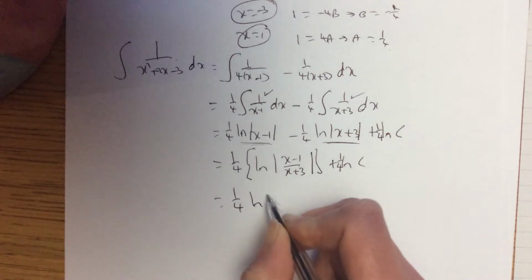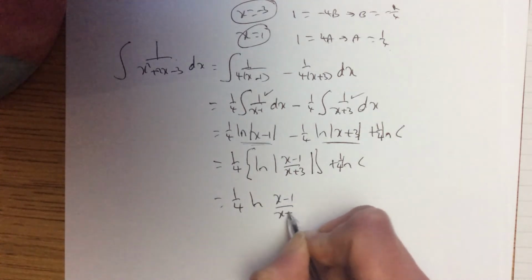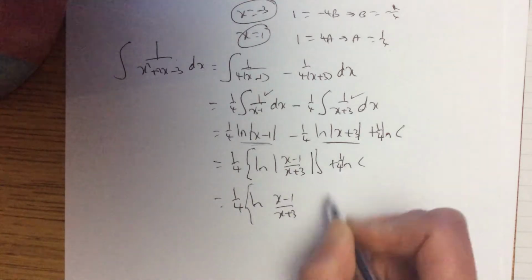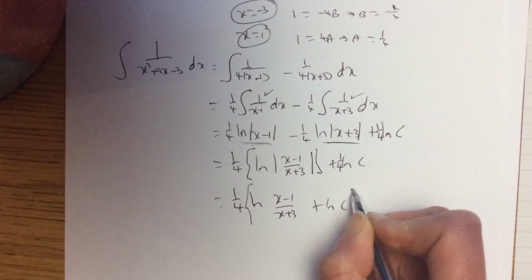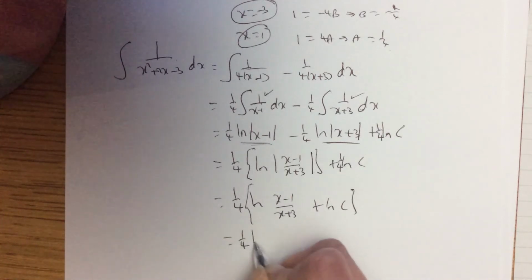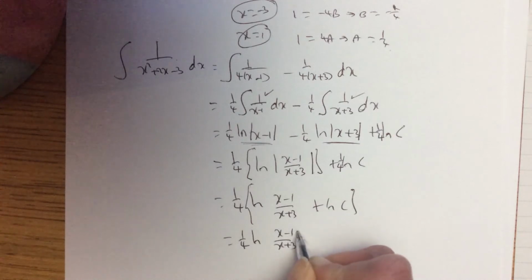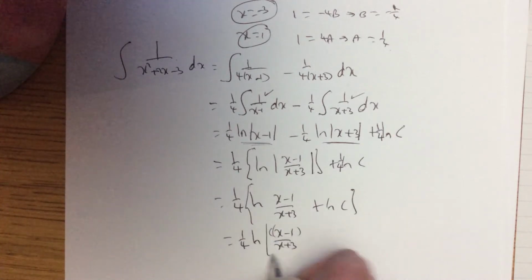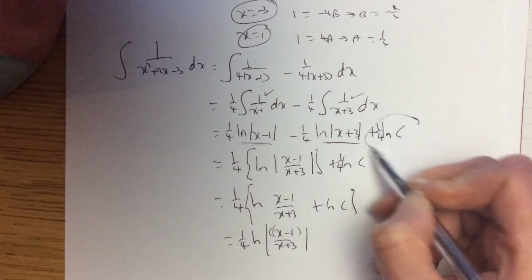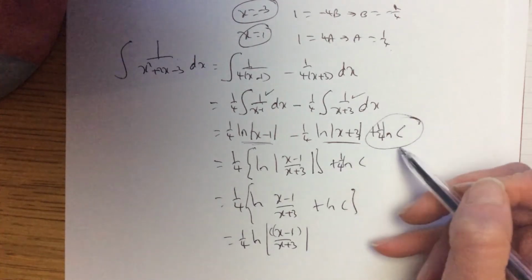Because then it means I have a quarter log of x minus 1 over x plus 3, plus a log c. And if you're adding logs, it's the same as multiplying them. So that becomes a quarter log of x minus 1 over x plus 3 times c. This plus c, you can play around with it, or you can just write it as a plus c.